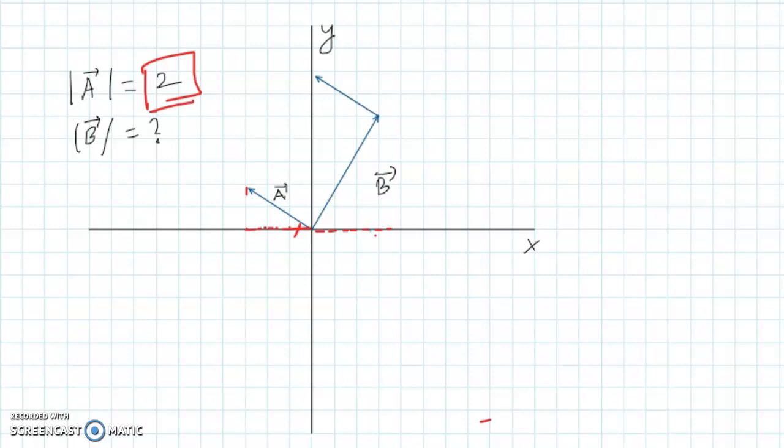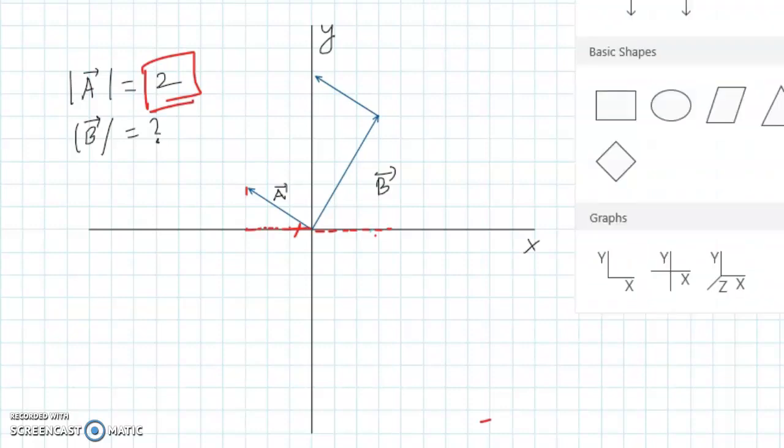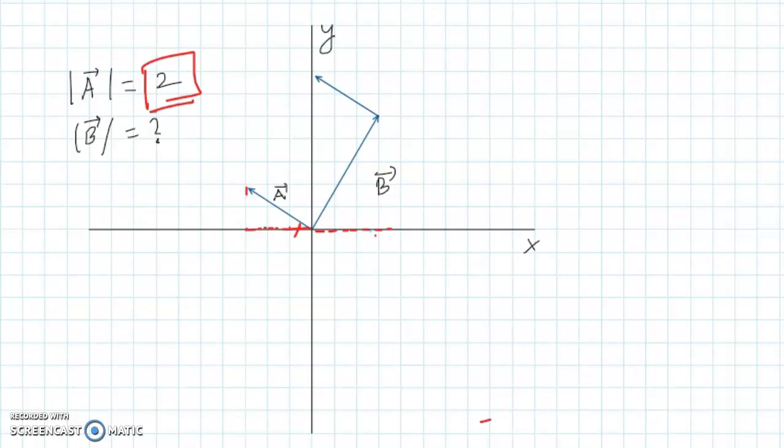So now if I'd like to add these two vectors, what I need to do is add the tail of the vector to the head of the vector. So if I take the tail of the vector here, I put the tail here and I need to go up to this point.